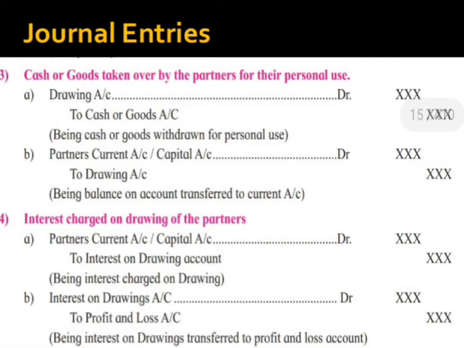And again, interest on drawings account debit to profit and loss account, as interest on drawings is an income from the point of view of the business, that is why we credit profit and loss account.